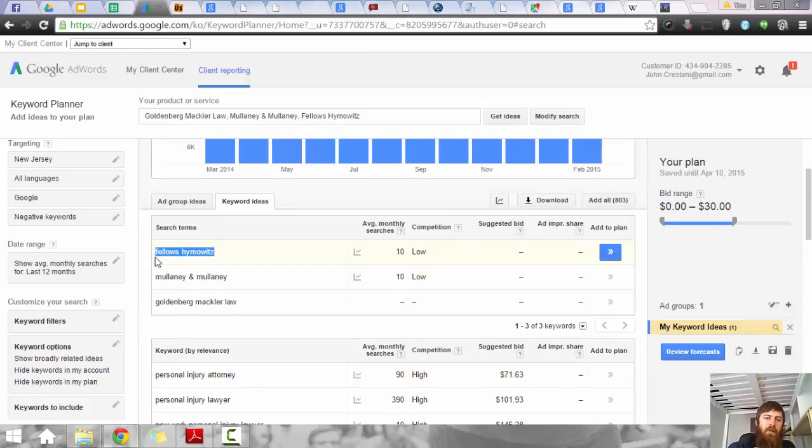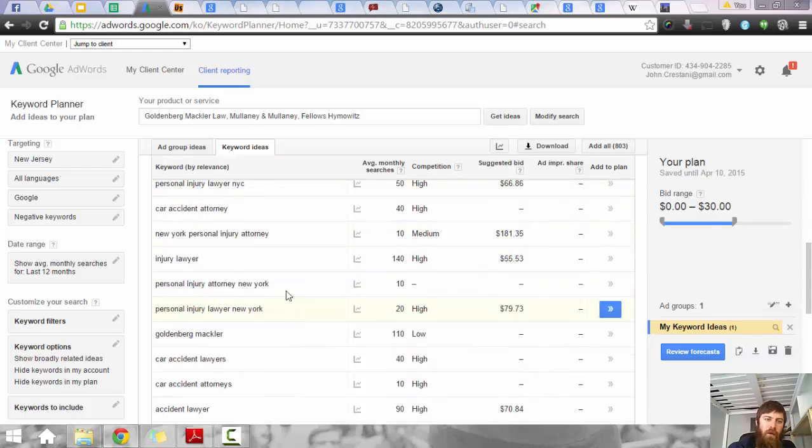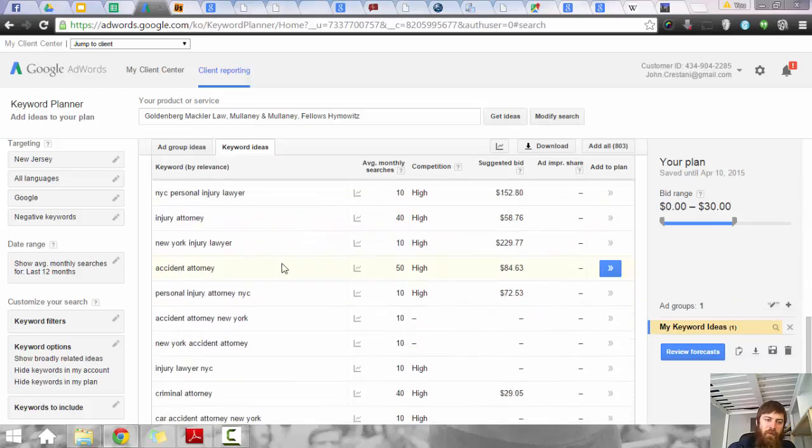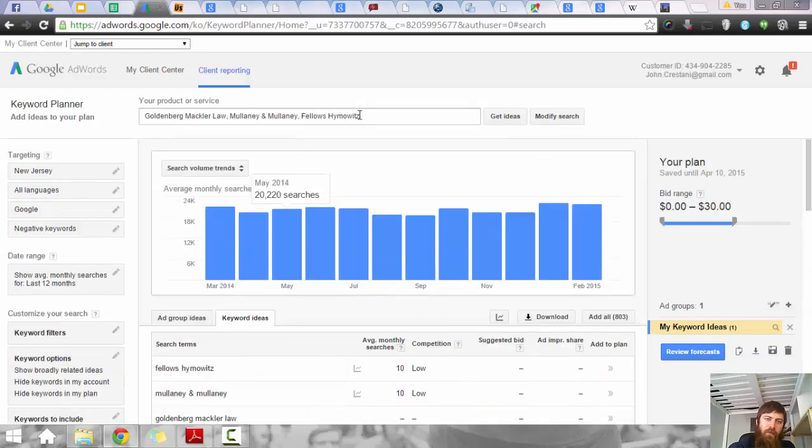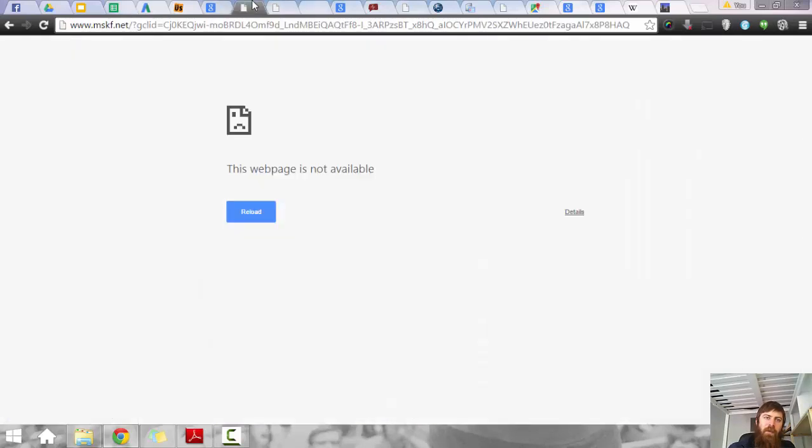So yeah, these are going to be the best terms to show up for, and you want to advertise on these. This is really important. Advertise on these terms.